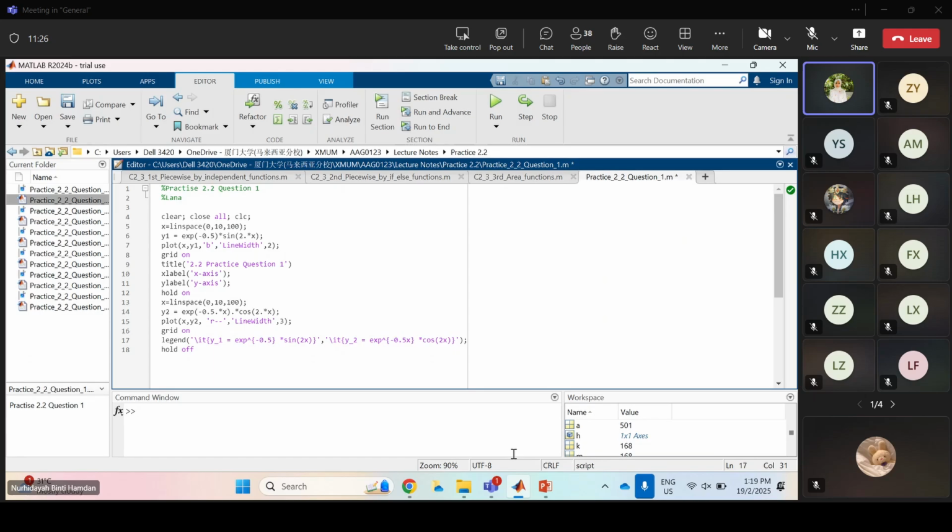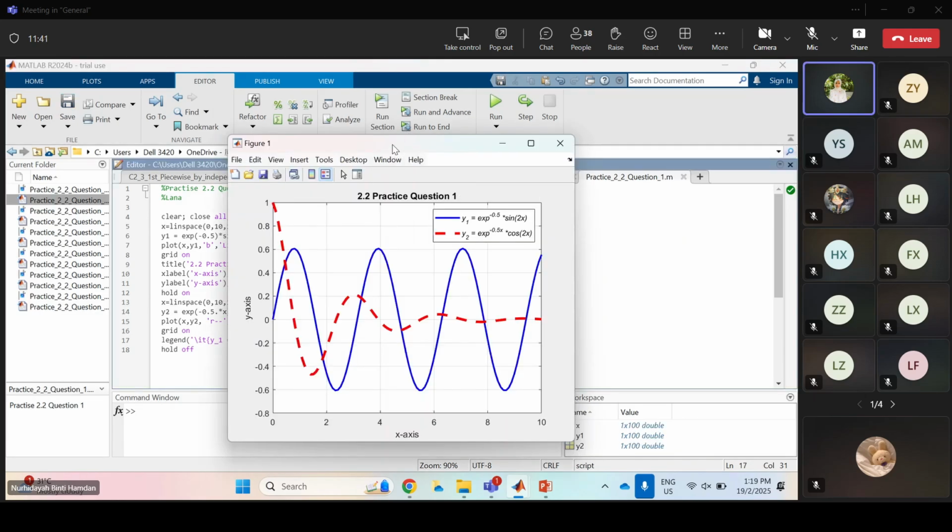This one, I did not specify the legend location, but you can if you want to put it north, outside, or wherever. Then we run it. You will get a graph like this.